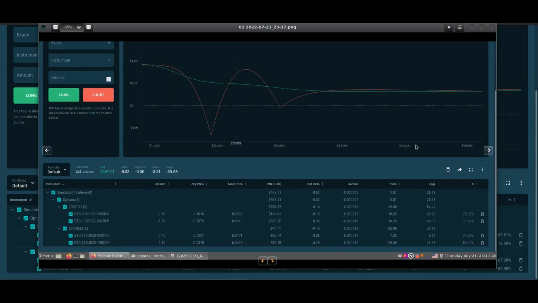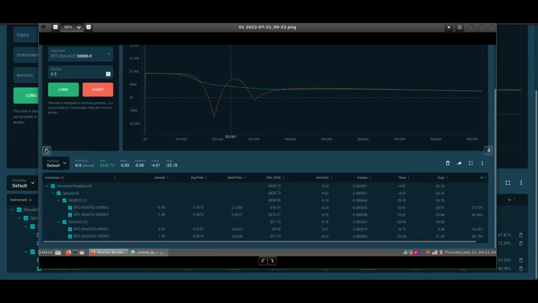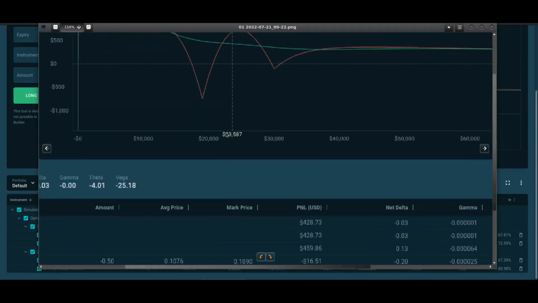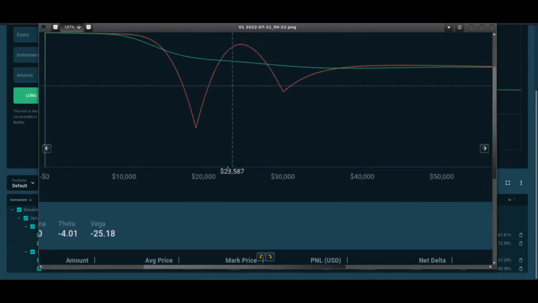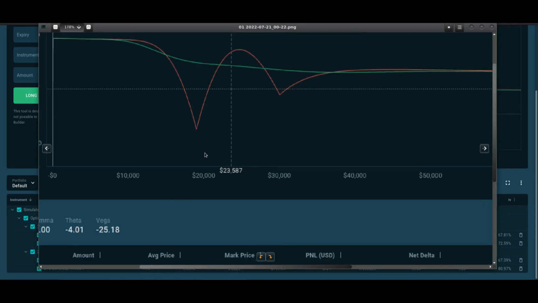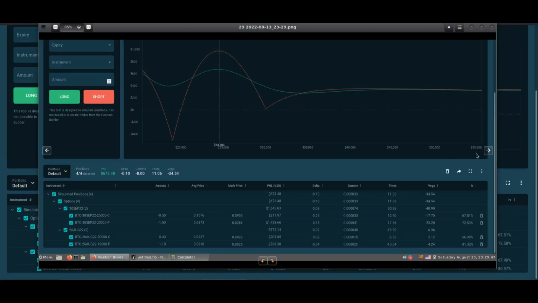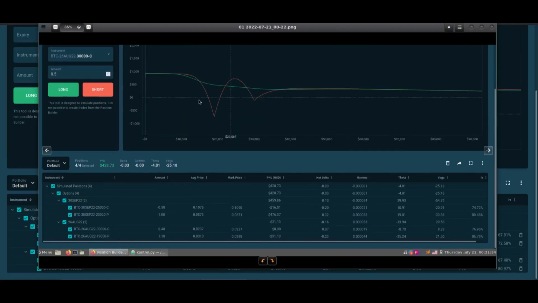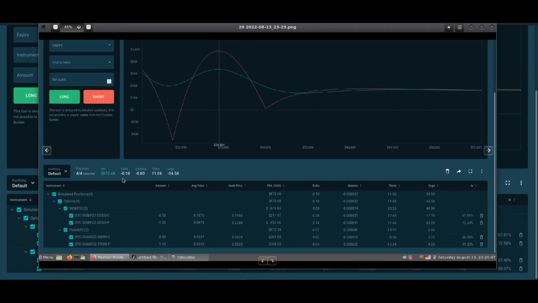Take a look again, the price of the underlying asset is absolutely at the initial price when the construction was created. Oh, sorry, I messed up. It is the initial price, the initial screenshot.